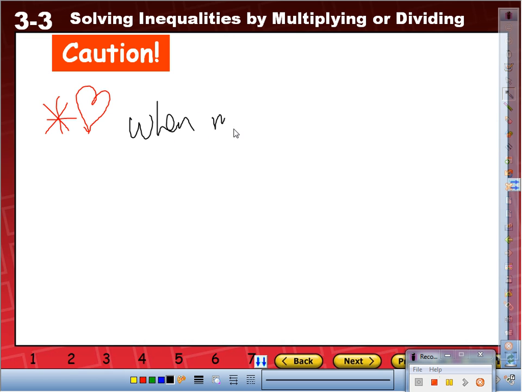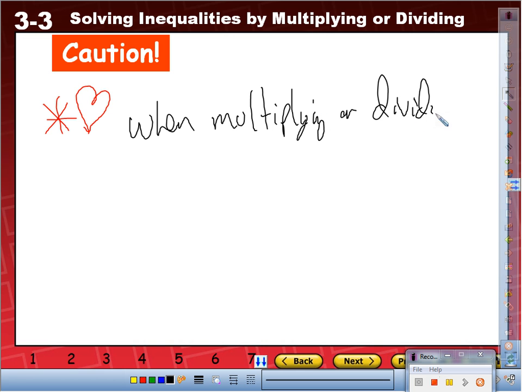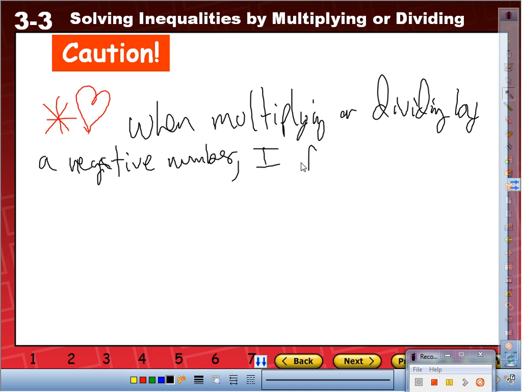When multiplying or dividing by a negative number, comma, I flip the inequality symbol.